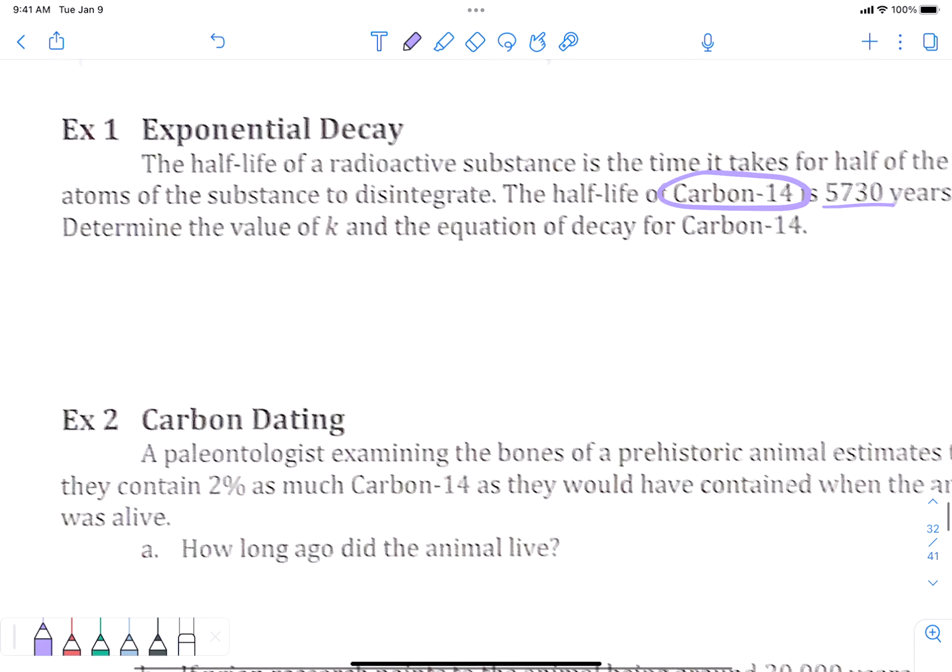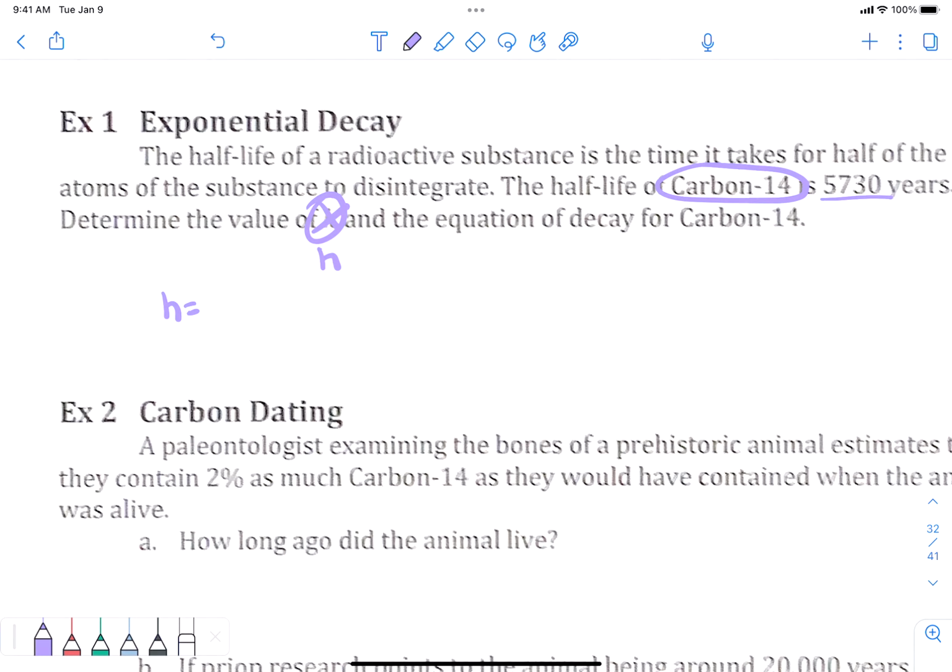So determine the value of K and the equation for the carbon-14, okay? K, we did not call it K, we called it H, okay? So what is the value of H if I go to plug it into that equation? What is the half-life? 5,730 years, okay?